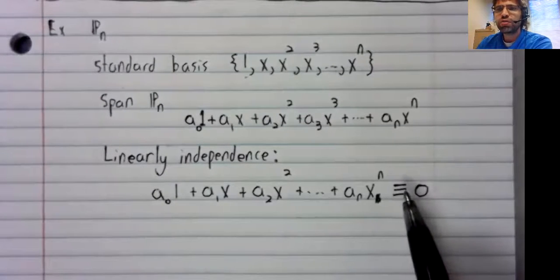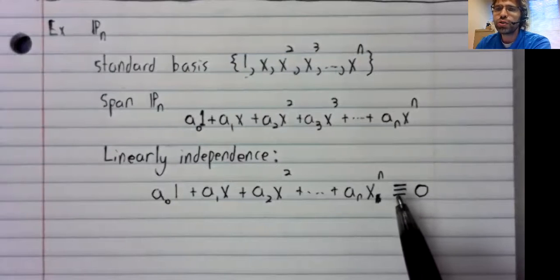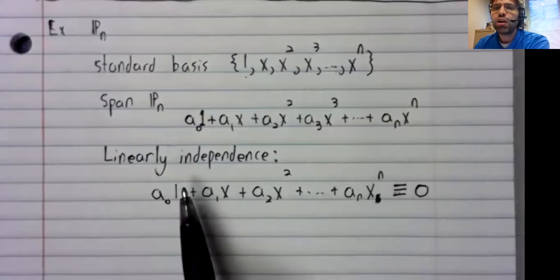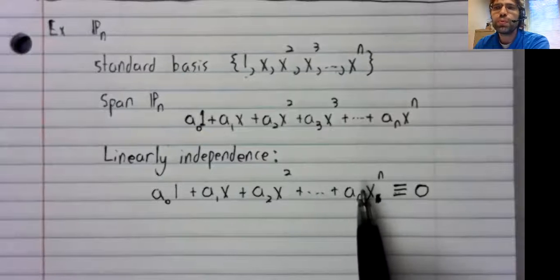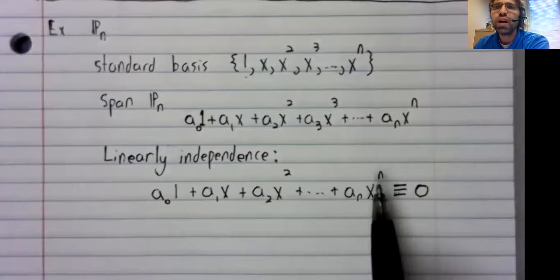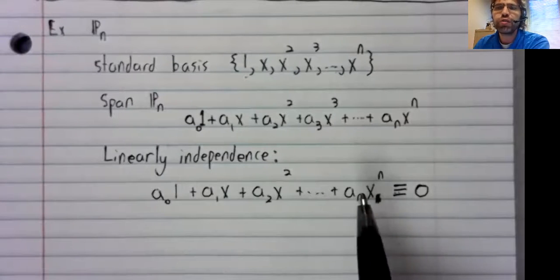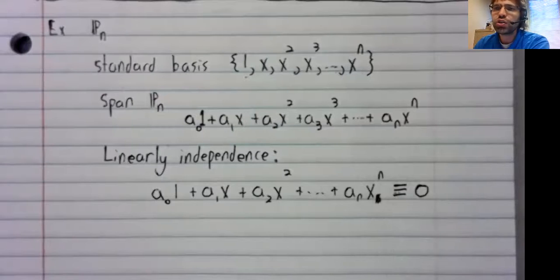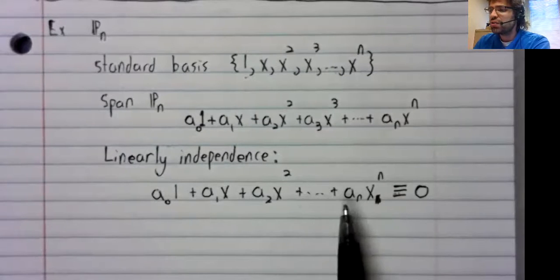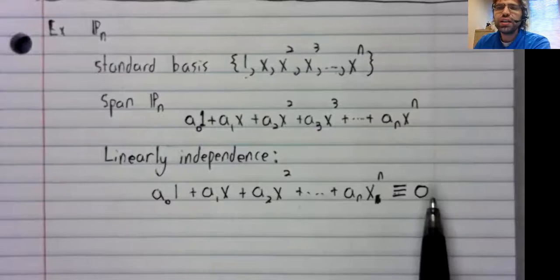Three bars denotes identically equal to. And what we're trying to make clear with this notation is that this is not some equation we want to solve by using the quadratic formula or factoring or using a computer algebra system. This is identically equal to 0.